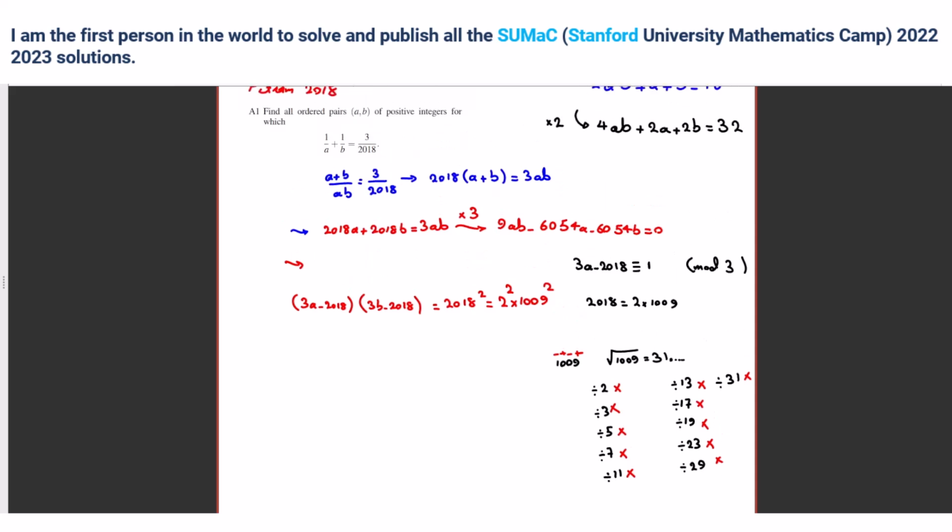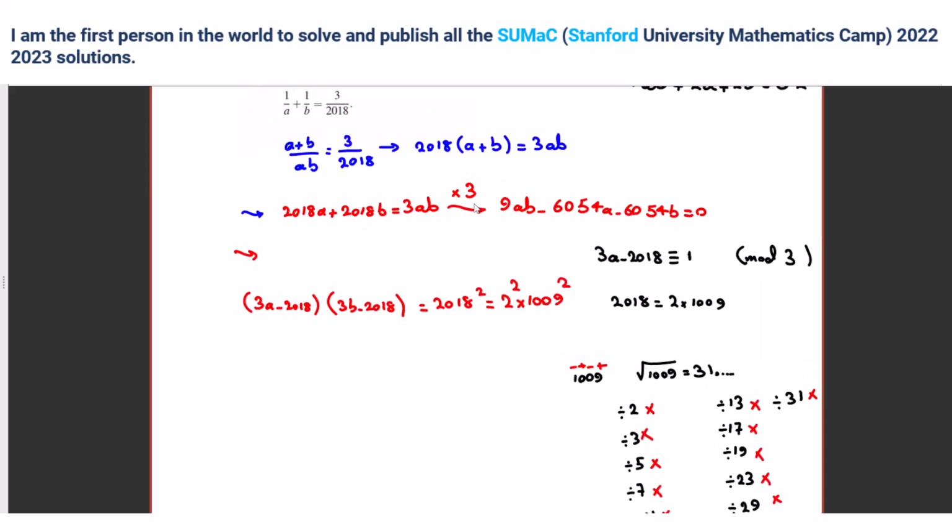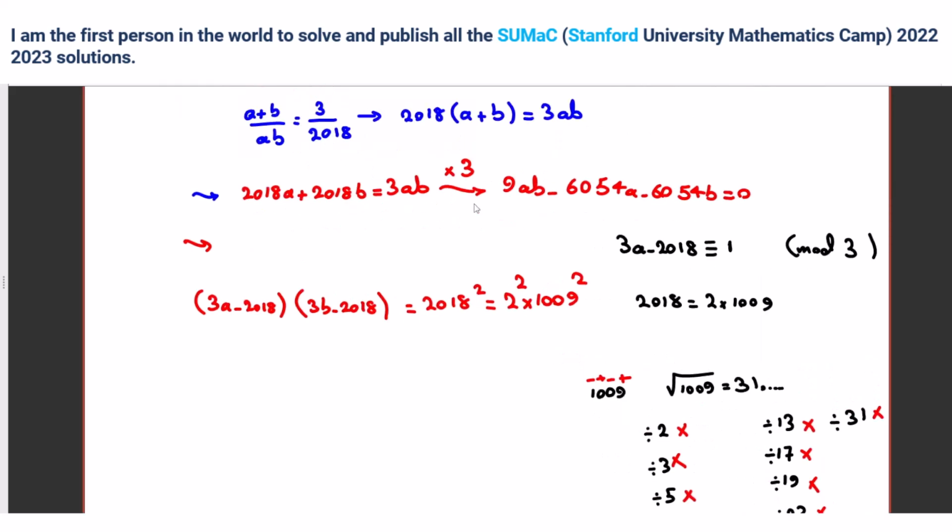A and B are positive integers. Okay, I can try for a little while from here, sir. Sure. Okay, sir. So 2 squared and 1009 squared are each equal to 1 mod 3. So then we can say that one term is 2 squared, one term is 1009 squared, right? Yes.